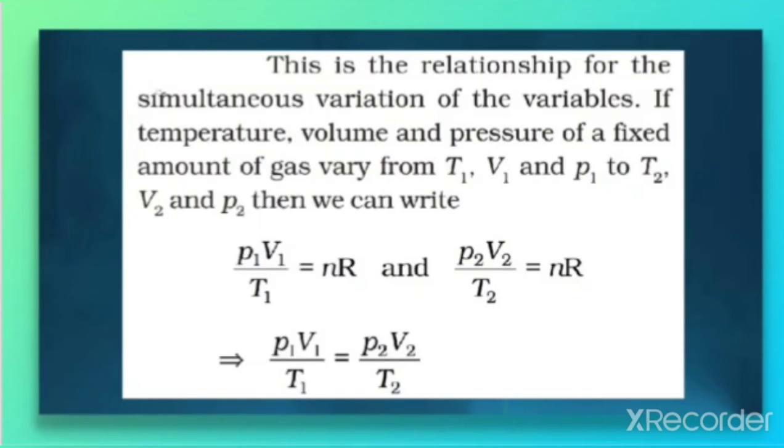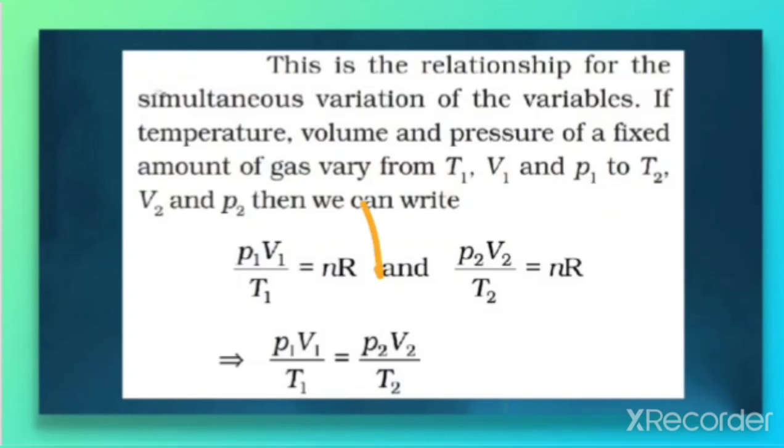This relationship PV = nRT also applies to the simultaneous variation of variables. If the temperature, volume and pressure of a fixed amount of gas vary from T1, V1, P1 to T2, V2, P2, then we can write the equation as P1V1 by T1 is equal to nR, where n is constant and R is also constant.